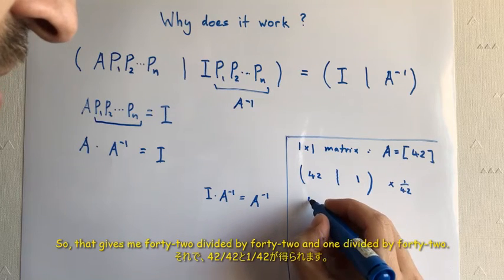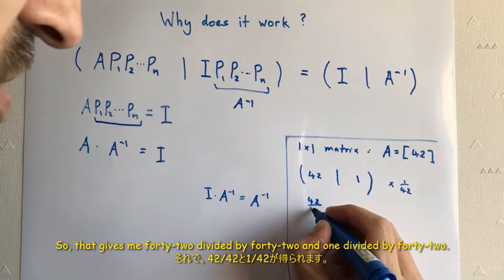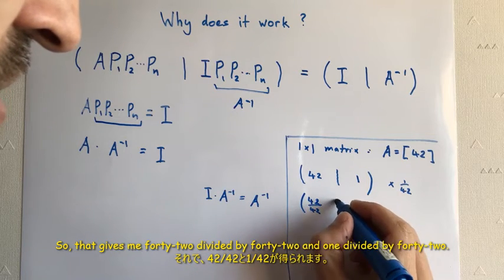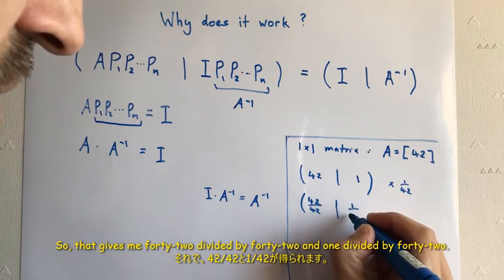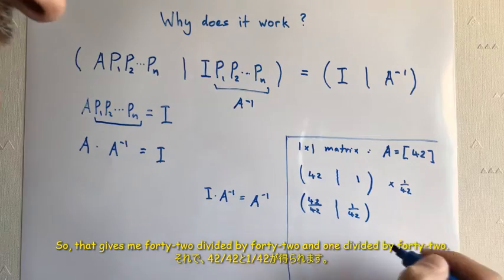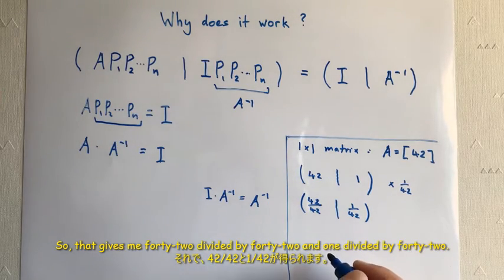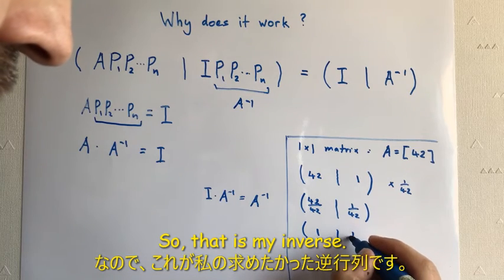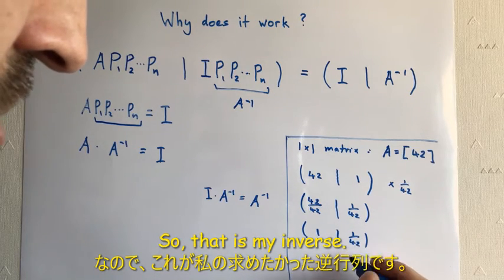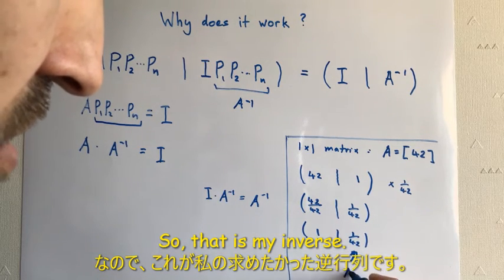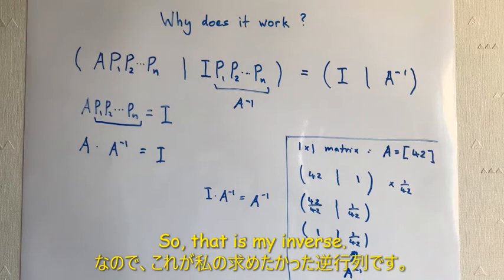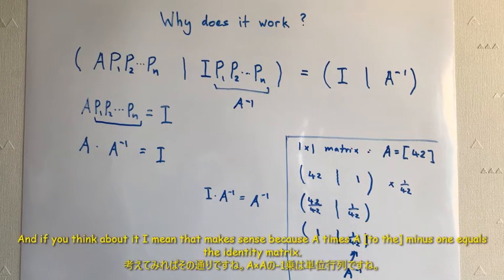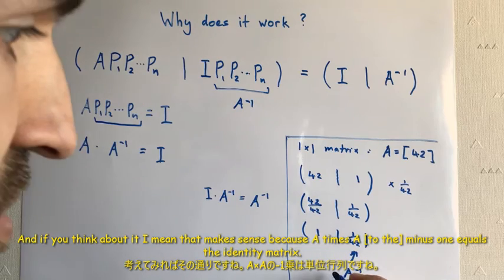So that gives me 42 divided by 42 and 1 divided by 42. So that is my inverse.